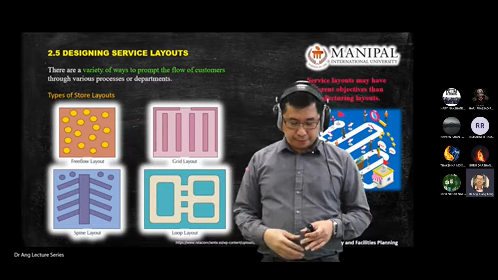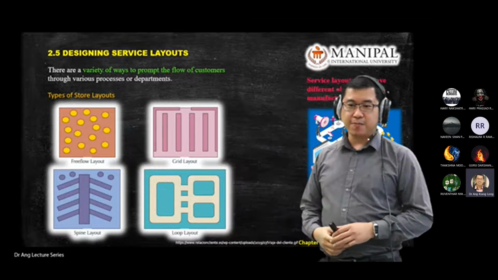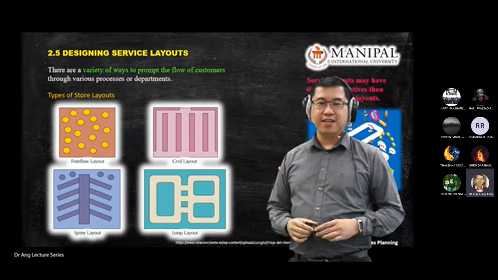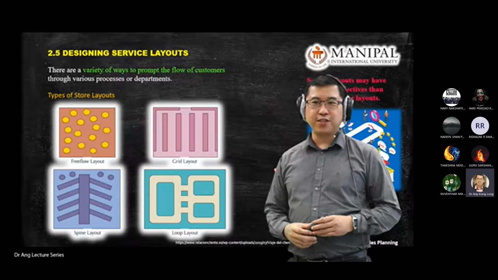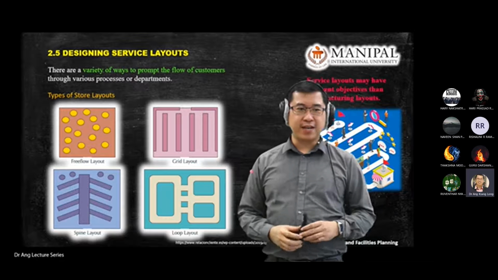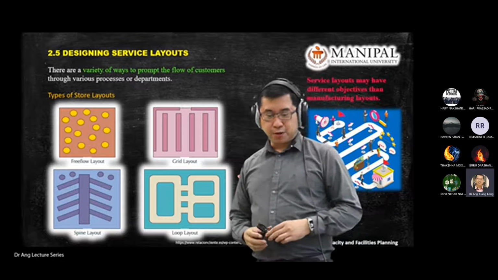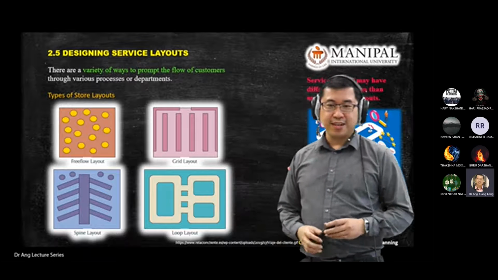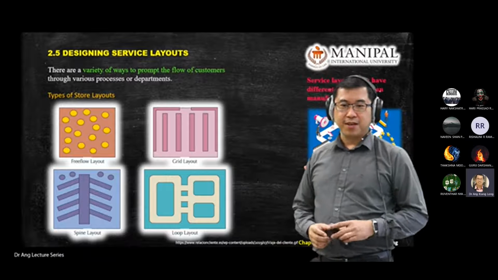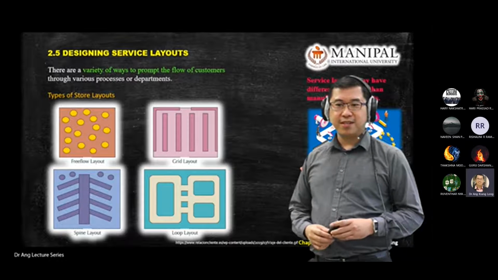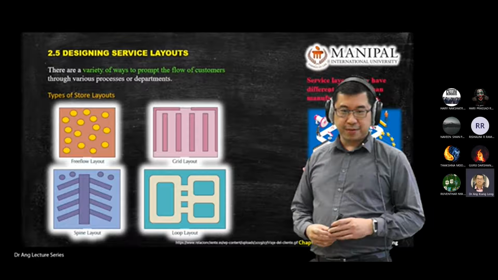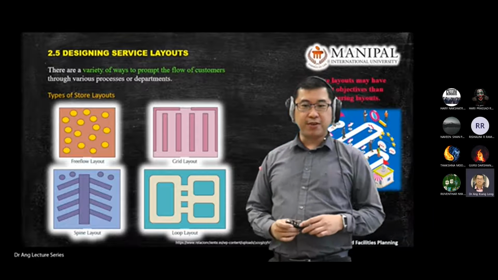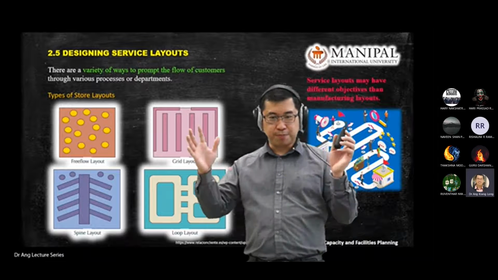Free flow layout, normally you will find in big sales stores, convenience stores, or super malls, big shopping malls that have big sales, where customers are free to move around and pick whatever they want in that particular space.